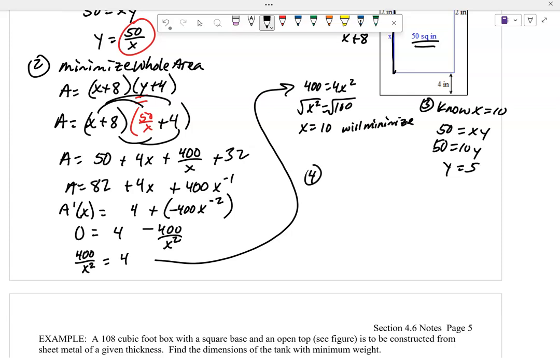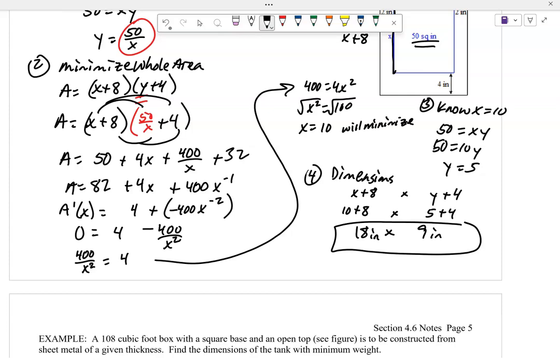So finally, step 4, our dimensions that we're going to use for this entire poster would be x plus 8 by y plus 4. Well, x is 10, y is 5, so we got an 18 by 9 inch poster to minimize the amount of paper being used here.